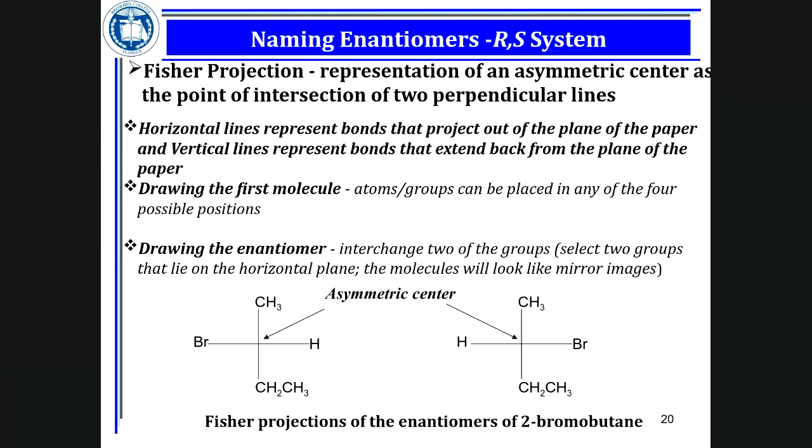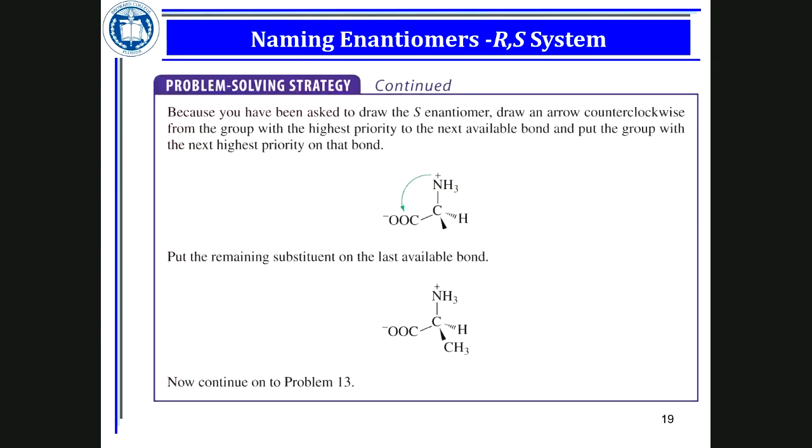Fisher projection is using cross lines, perpendicular lines. If you have only one chiral center, one cross point is enough. So you only use 2 lines perpendicular to each other. So the cross point represents your carbon.